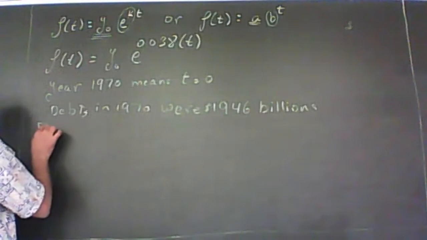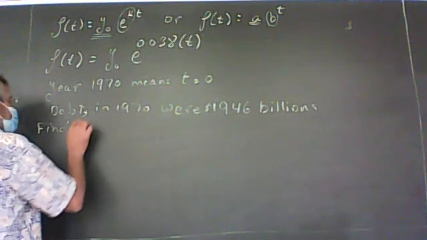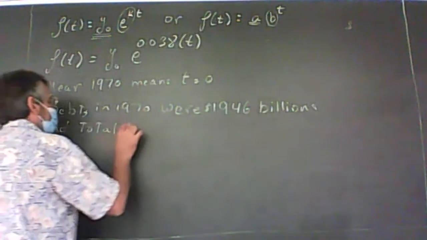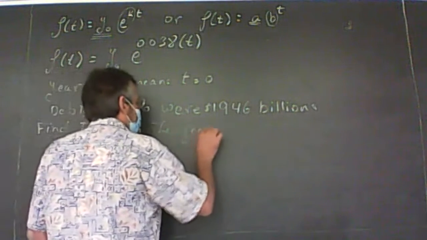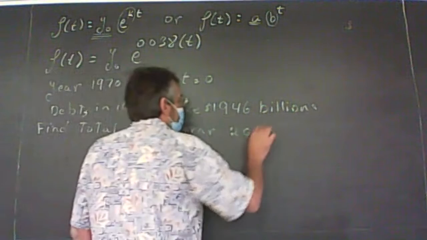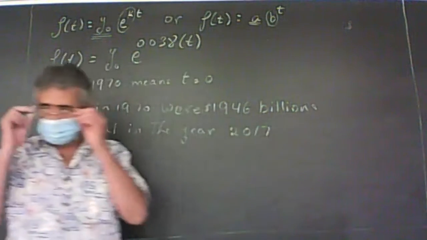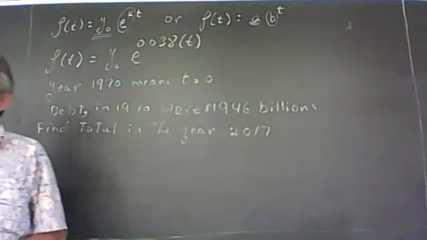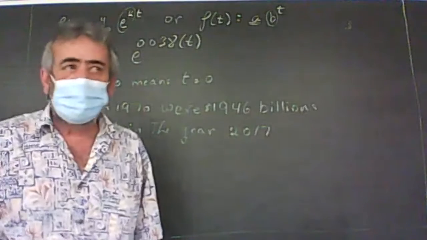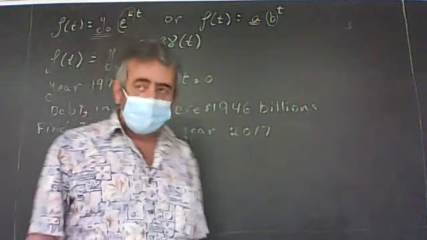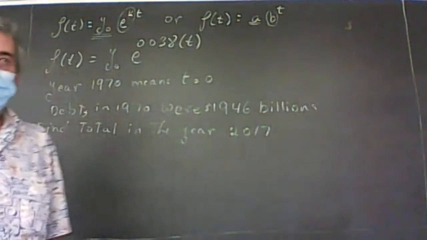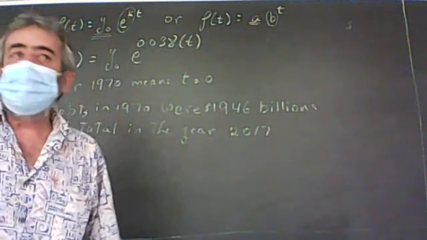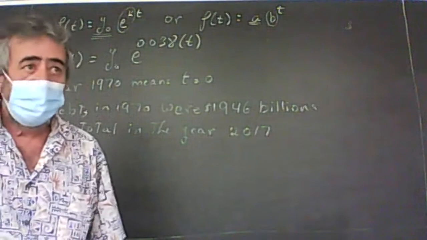So find the total in the year 2017. We need to figure out how much the debt was in the year 2017 based on the given information. So in order to figure out the debt, we need a formula.